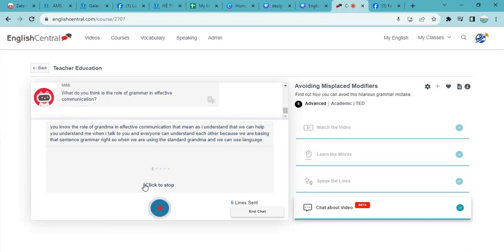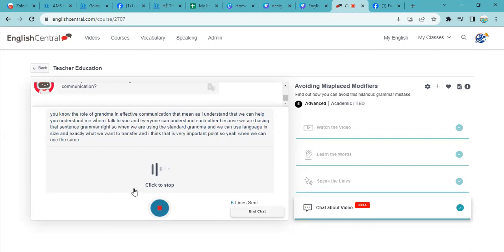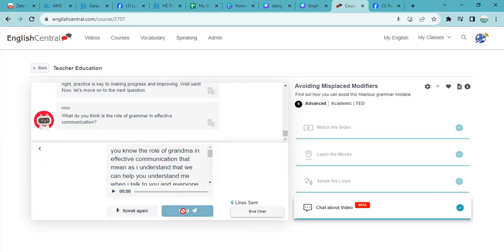And I think that is a very important point. So when we use the same background, the same rules of grammar, everyone will not misunderstand. Yeah, we have already completed 6 lines, and let's see.